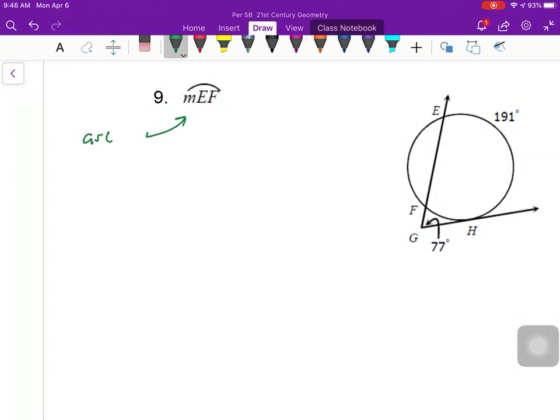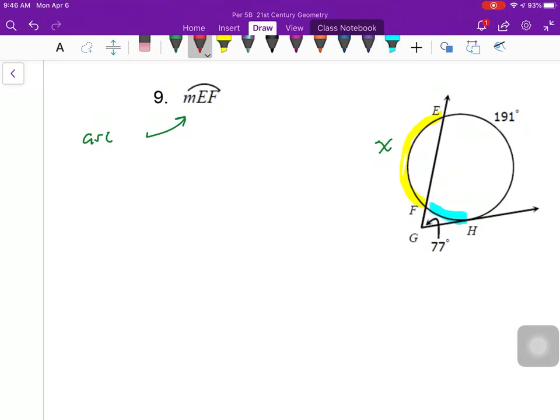One more example. So when you look at this example, you can see that we are once again looking for an arc. The arc we're looking for is from E to F. So this time we're looking for this arc out here. That's what we're trying to find.